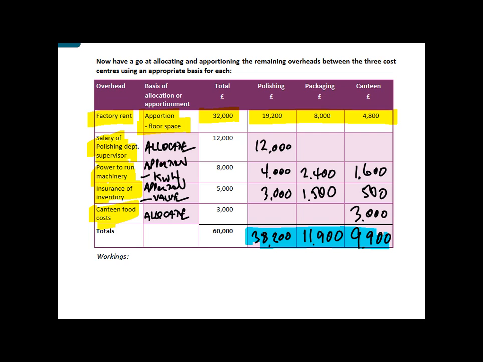And again, worth a mathematical check of the logic of your numbers. If I now add up the 38,200 gathered in the polishing department, plus the 11,900 in packaging, plus the 9,900 in the canteen, does that add up to the total of 60,000? Well, actually, yes, it does. So it's worth doing these little double checks of the sense of the numbers that you've calculated.